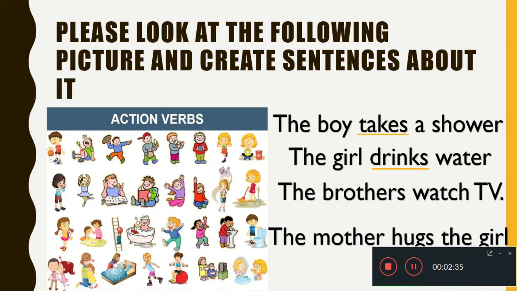But we have a different issue in sentence number three: the action doesn't finish with S, but we are talking about more than one brother. We see two brothers, a girl and a boy.